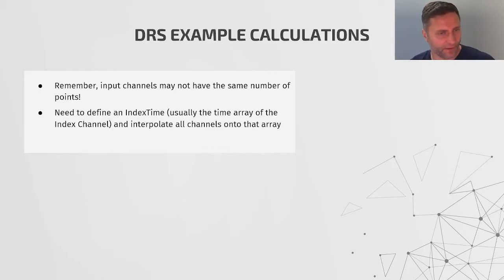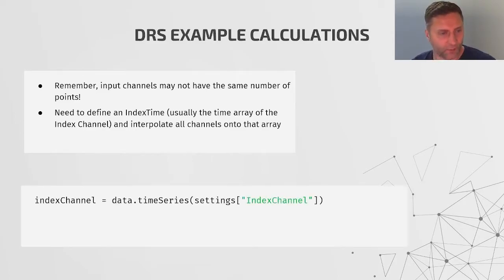So we normally get around that by defining index time, this index time array. And that's normally the time array of the index channel, and we interpolate all channels, intermediate and output channels, onto that array. Normally the interpolation step is done automatically, but if you wanted to do it manually, it would look like this.